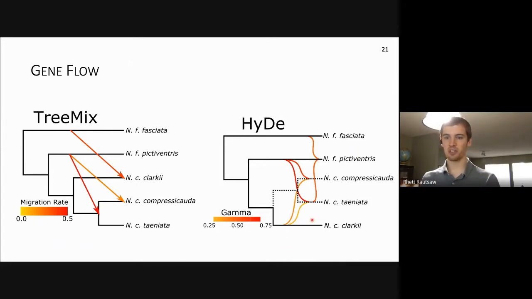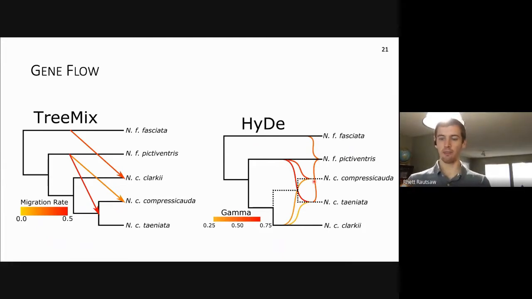This is particularly interesting because previous hypotheses have suggested that Nerodia clarki taeniata is derived from Nerodia clarki, and these two subspecies are pretty geographically distant from one another. So this hybridization could have occurred sometime in the Pleistocene when sea levels were high, and then formed this new Nerodia clarki taeniata lineage.